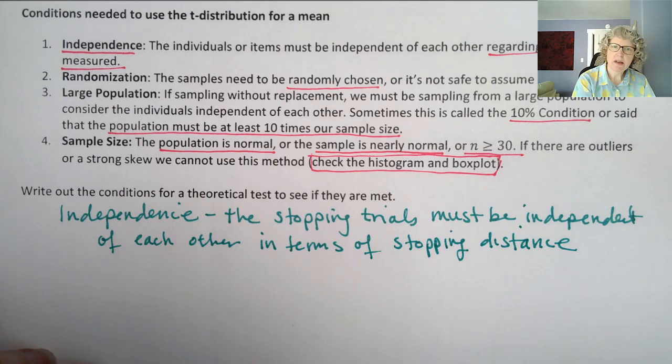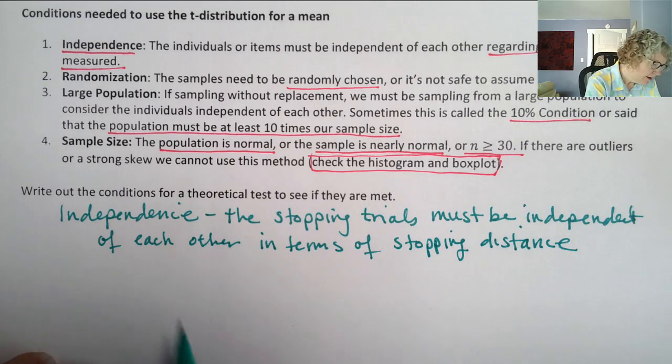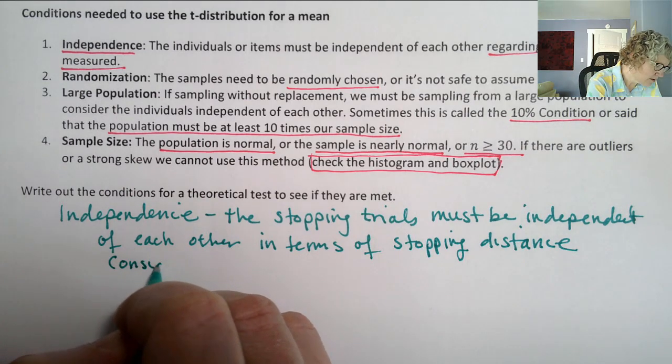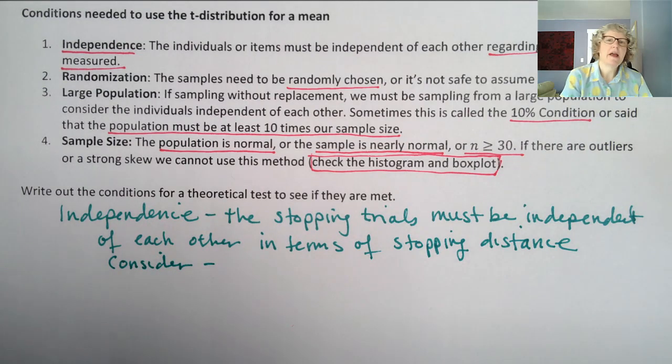Okay, so what are some things we might want to consider there? Right, we should consider this as we're setting up this experiment before we even take the data, right? We consider these conditions so they'll be met.